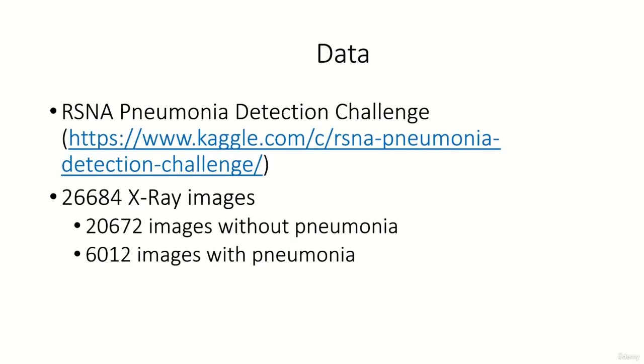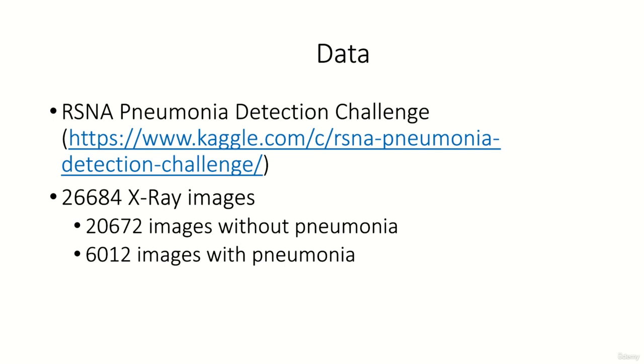To tackle this problem, we will use the RSNA Pneumonia Detection Challenge dataset provided by the Radiological Society of North America. It consists of 26,684 X-ray images, of which about 20,000 do not show signs of pneumonia and around 6,000 actually do show signs of pneumonia.